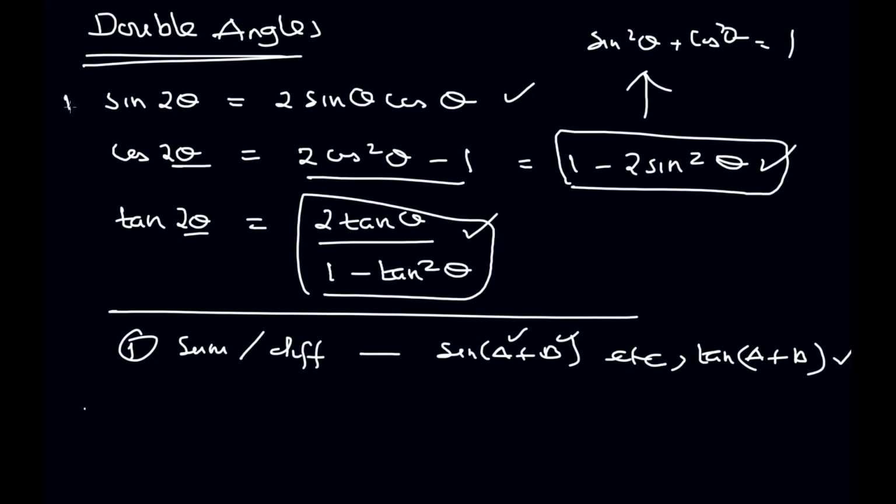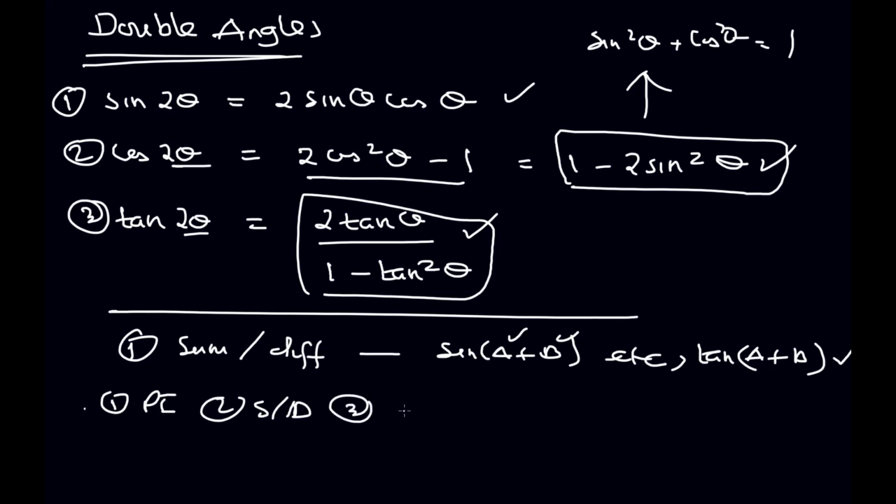So the double angles are 1 here, 2 there, 3 there. So quick recap, we have 1, which are the primary identities. I'll use short forms here, primary identities. Then we have 2, which is sum or difference identities.